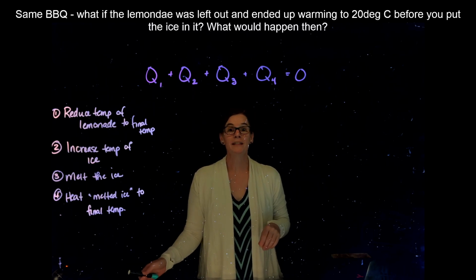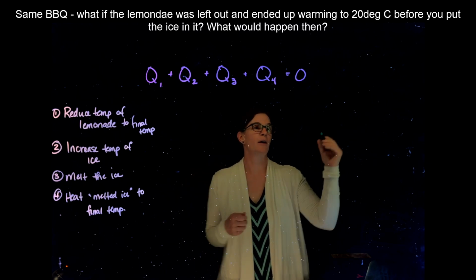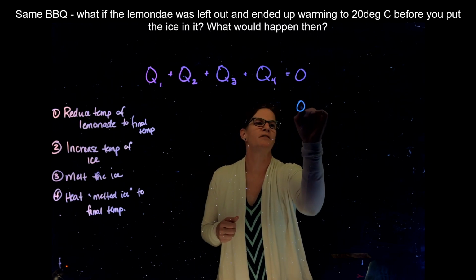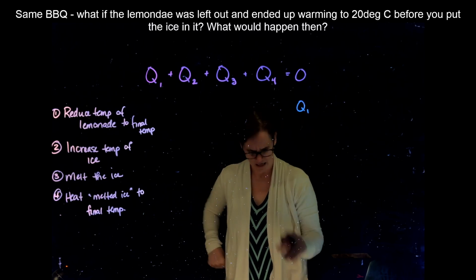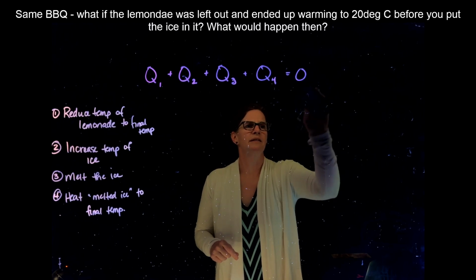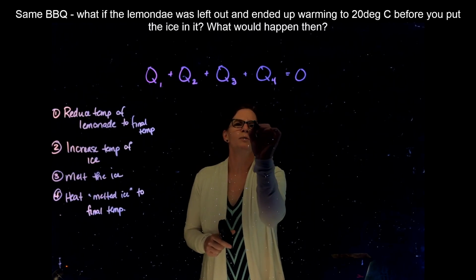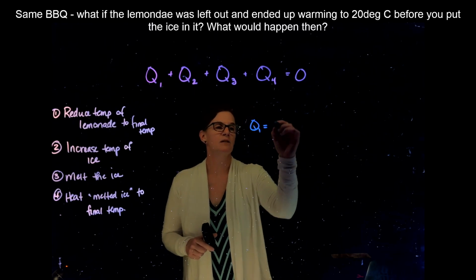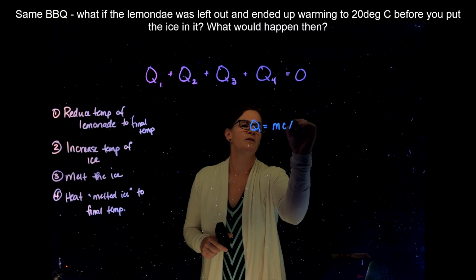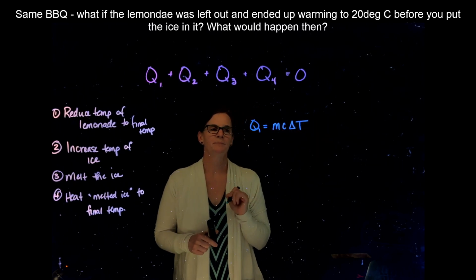Q1, reducing the temperature of the lemonade. All right, so Q1, I'm going to put these over here for a minute. I'll erase this in a little bit. Actually, let's do it this way. I'll erase them as we go. So Q1, we are only in liquid phase, so we are going to use our specific heat relationship.